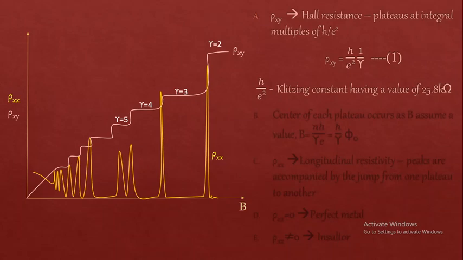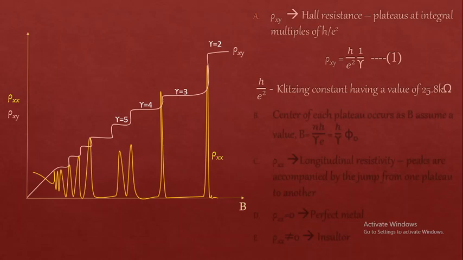So we say the quantum of resistivity is h by e square. Then if, let us say, gamma is equal to 1, then the above formula denotes one quantum of resistivity, and further resistivity can be expressed in terms of the one quantum.